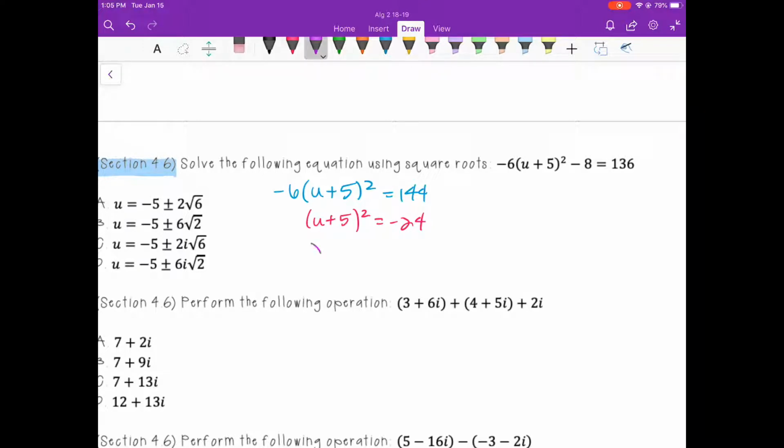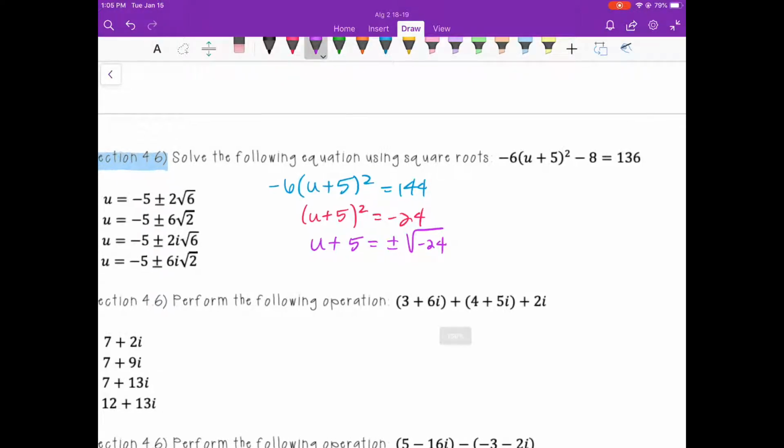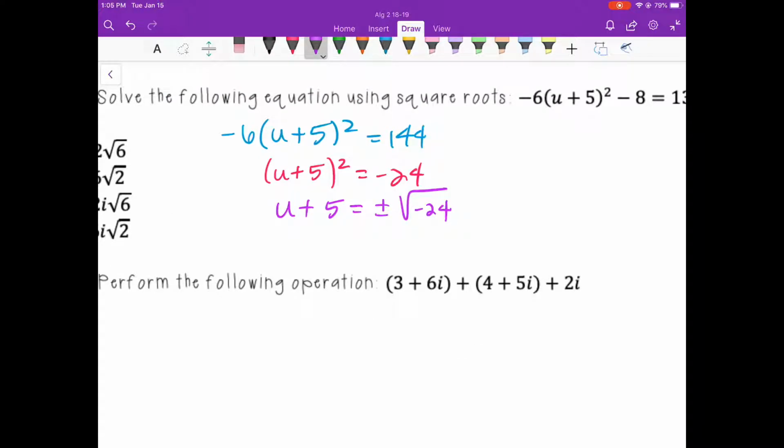We are going to take the plus or minus square root of both sides and get u plus 5 equals plus or minus radical negative 24. Now, we like to take that negative out, so we'll call it i radical 24 instead.